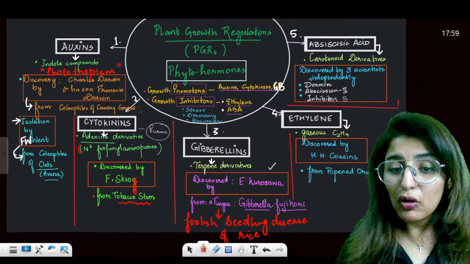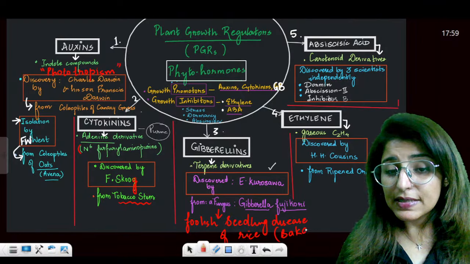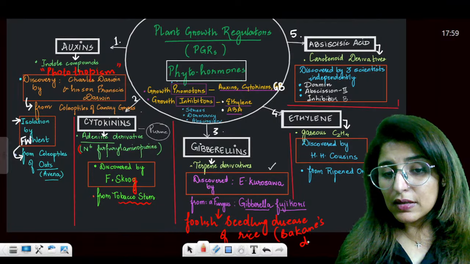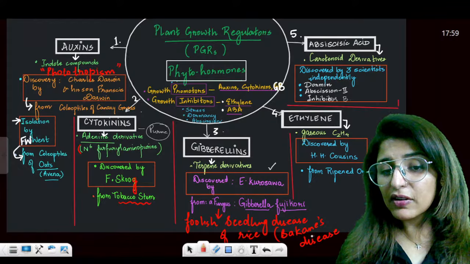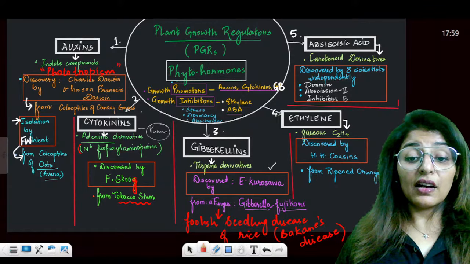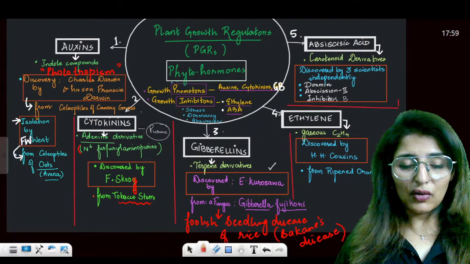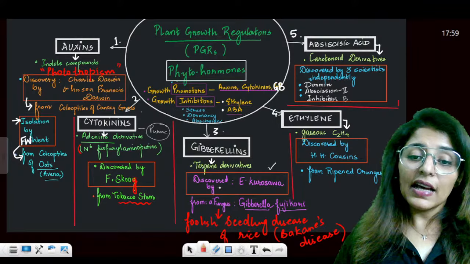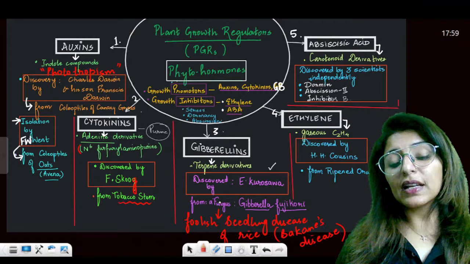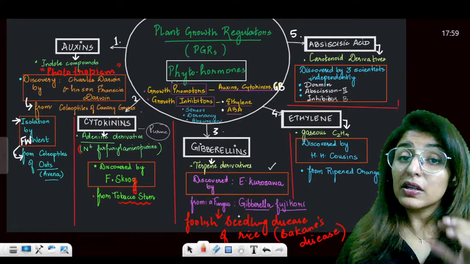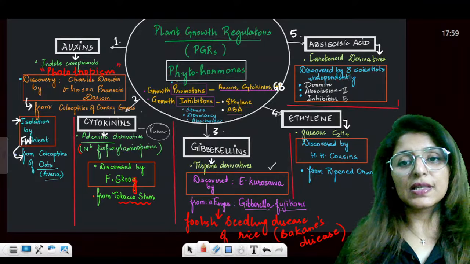Is this clear? So this fungus Gibberella is producing a certain chemical leading to foolish seedling disease, and that's how it got discovered.